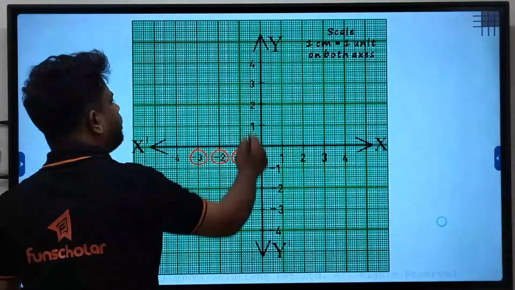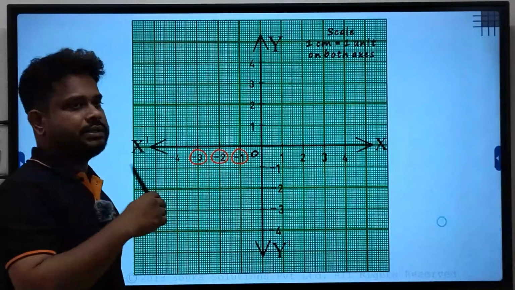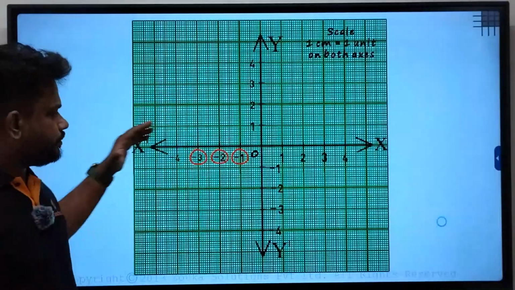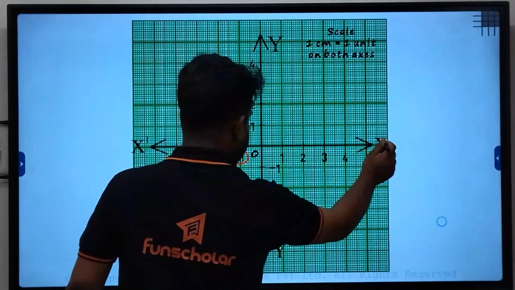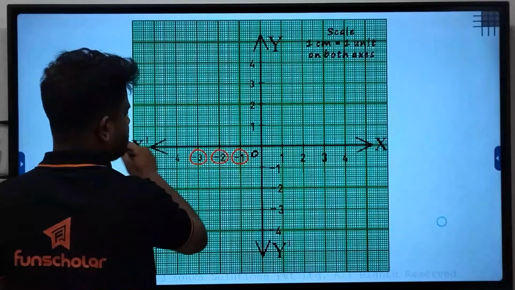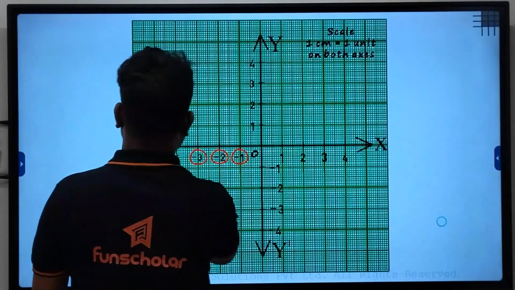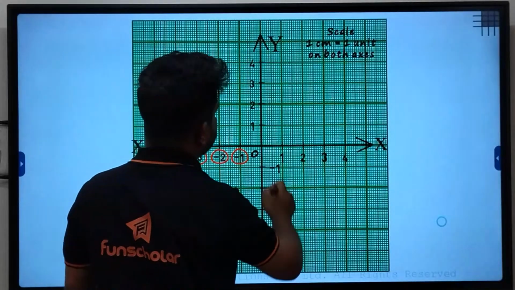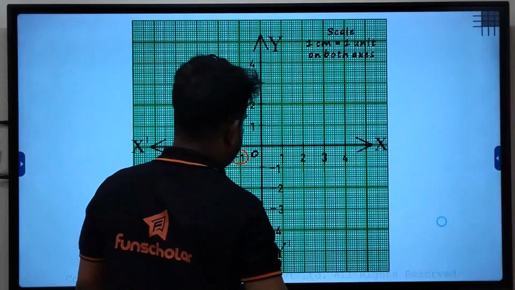On graph paper we draw two lines, one vertical and one horizontal. The horizontal one is called the x axis, marked as x and x dash, and the vertical one is called the y axis, written as y and y dash.